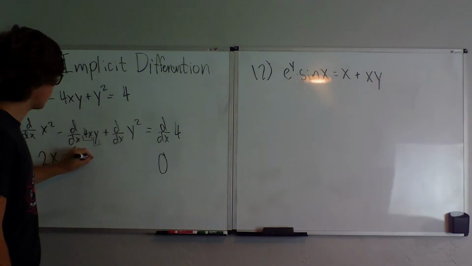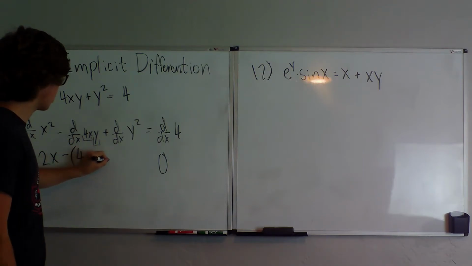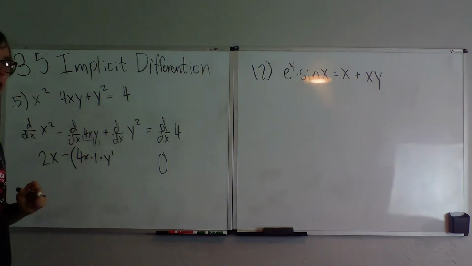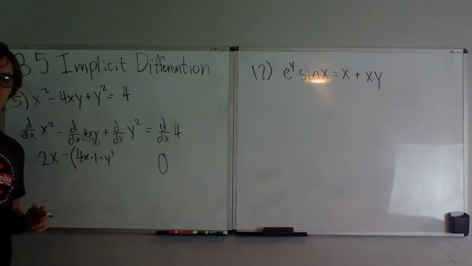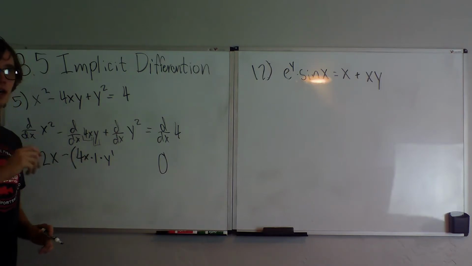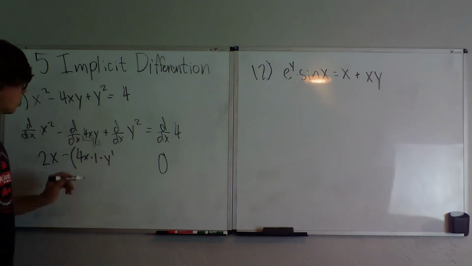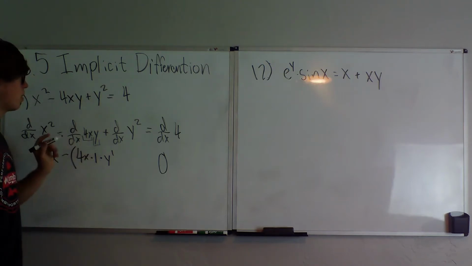4x times 1 times y prime. Why do I say 1 times y prime? Well, because it's the derivative of y, which is going to be 1, and then you always have to multiply by dy dx, or your y prime. So that's why it's 4x times 1 times y prime.